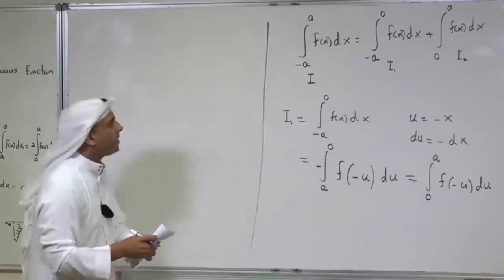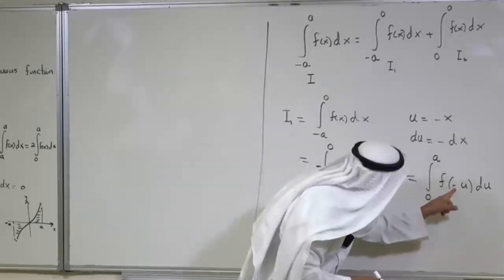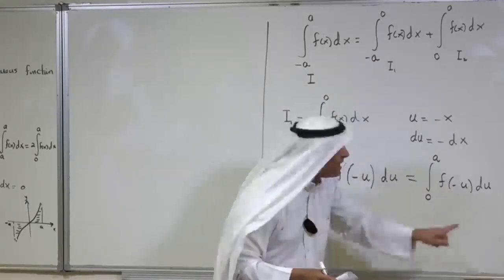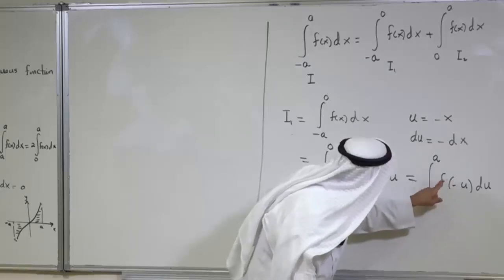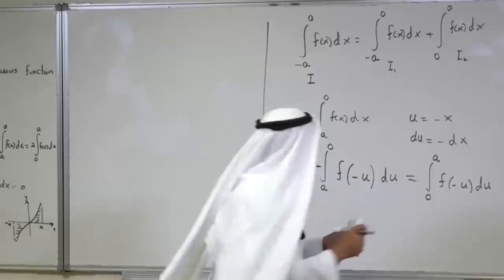Let's go back to this. If this function is even, what happens? This is f of minus u. What is f of minus u? It will be f of u. Now we have two cases.